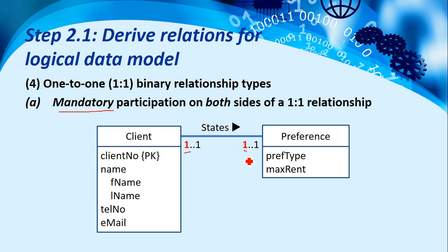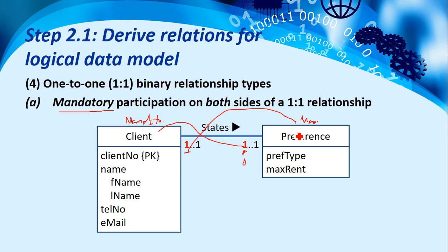Because when it says 1, no? When it's 1 here, it means the participation of client is mandatory. Okay? And here, the participation of preference is also mandatory. So, the key to identify the participation constraint is the first number indicated in the multiplicity. Basically, if it's 1, it means the participation of client is mandatory. But if it's 0, the participation of client is only optional.